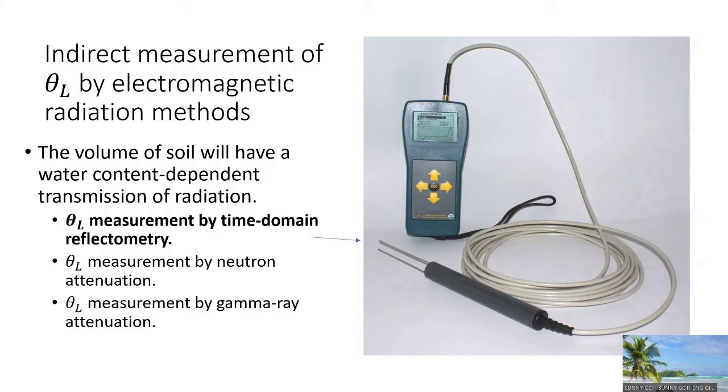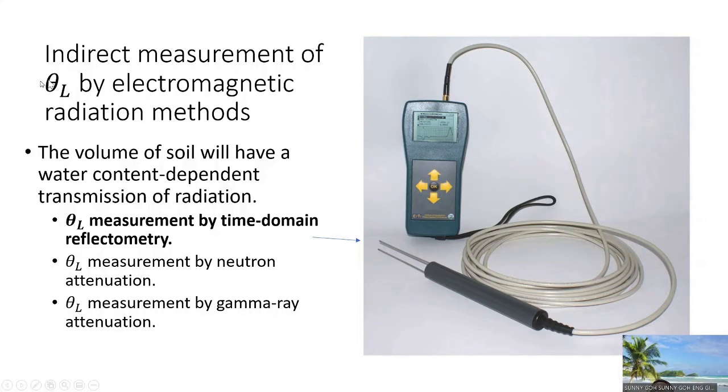Just now we talked about taking the can or the soil sampler, hammering it down into the soil, taking the soil sample, going back to the lab, drying it in the oven, and then we know the mass of water, and we divide by the mass of the soil to get the gravimetric water content. If we know the density of water and the bulk density of the soil, then we can estimate the volumetric water content, and that is the direct method.